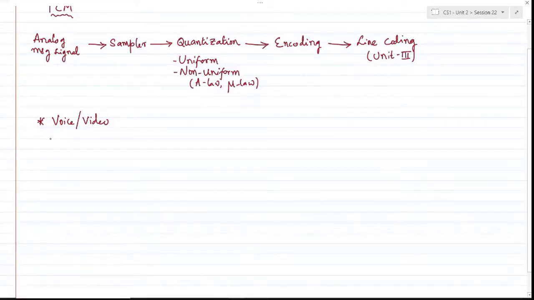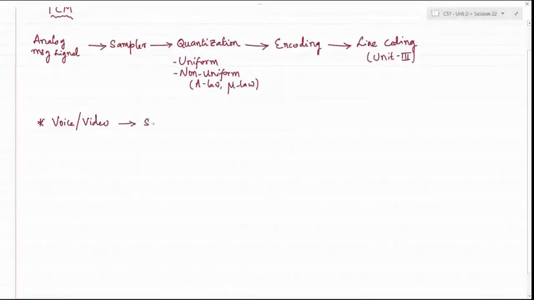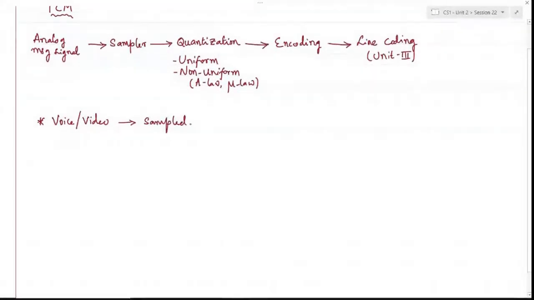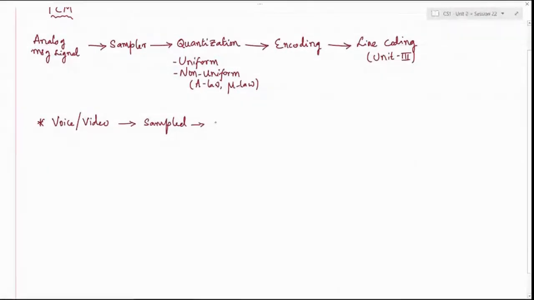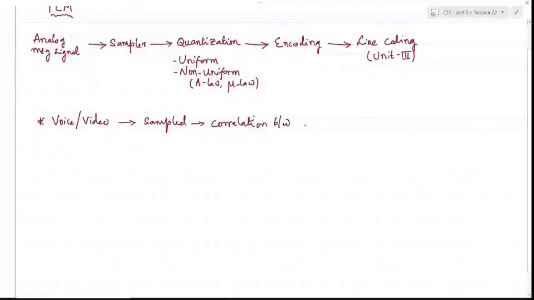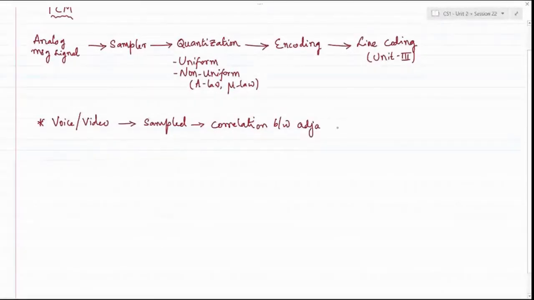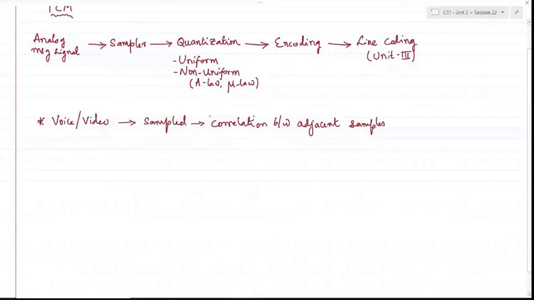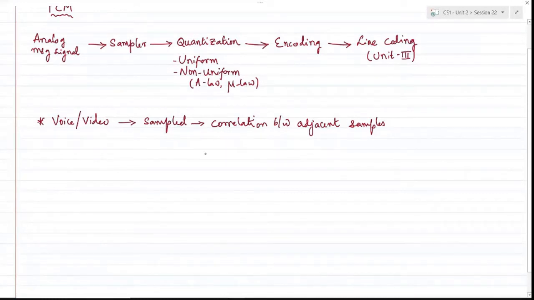So when this is sampled, it is found that there is correlation between adjacent samples. It was assumed in the statistical analysis that the samples generated after the sampling process are independently distributed, if not identical.